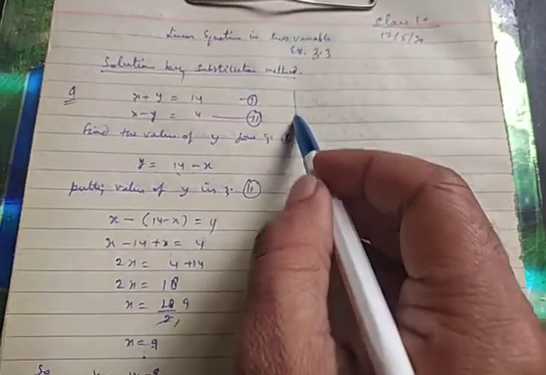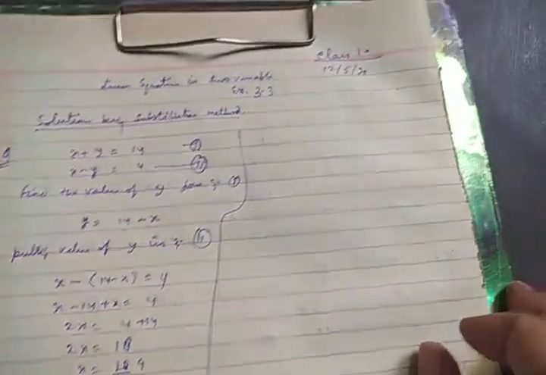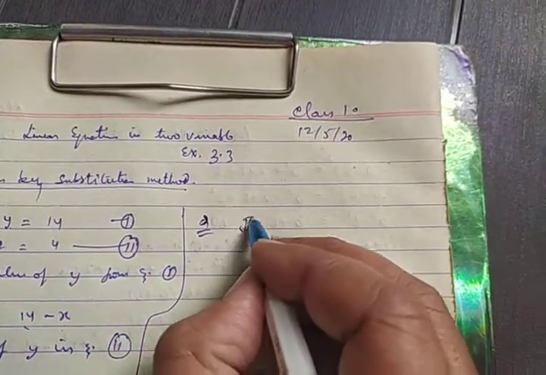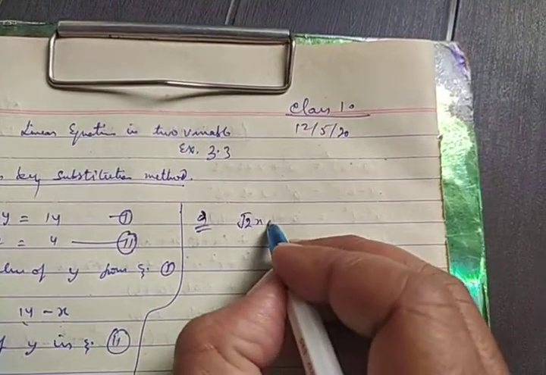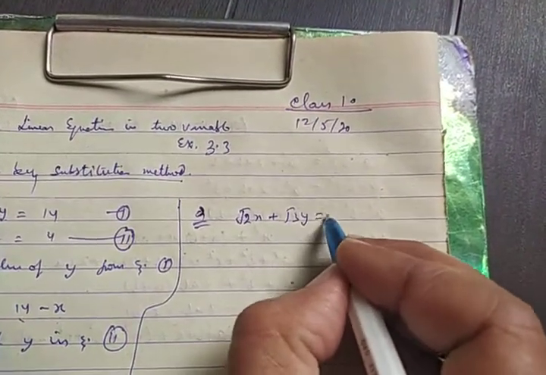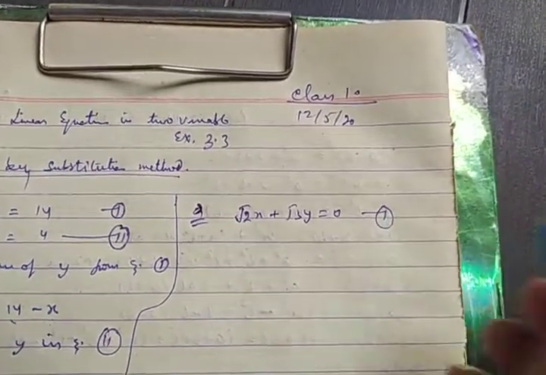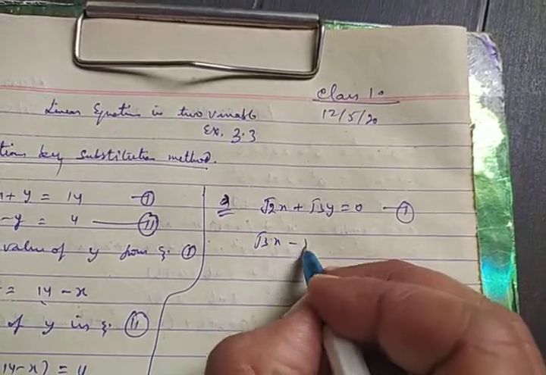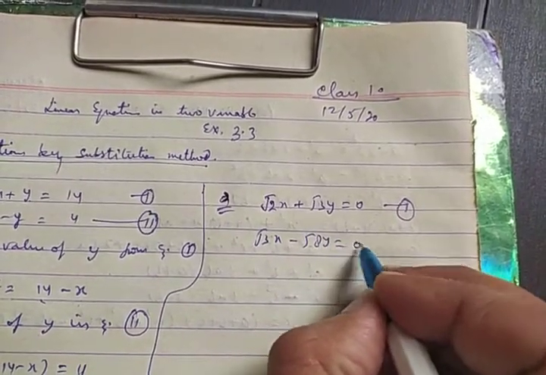I am taking one more example for the sake of understanding. The question is given: root 2 x plus root 3 y is equal to 0, equation 1. Next is root 3 x minus root 8 y is equal to 0.